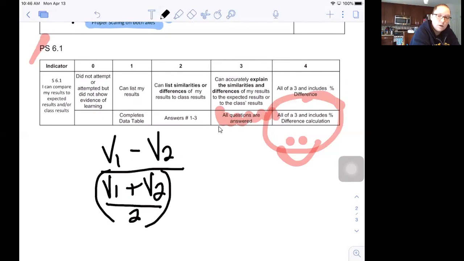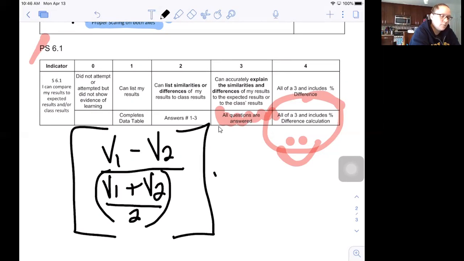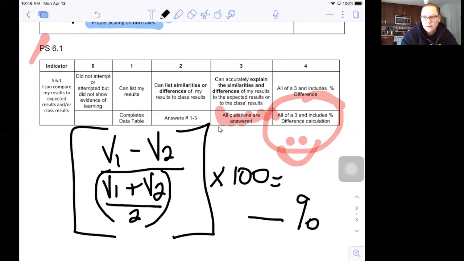So you do V1 plus V2 first. Secondly, you divide that by 2. Then you take V1 minus V2 and divide it by that number that you just got. And you take the entire thing that you get and you multiply it by 100, and that'll give you your percent difference.